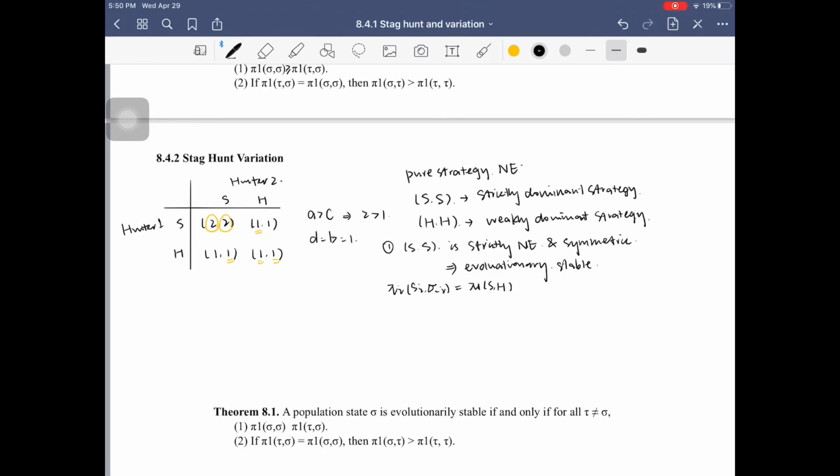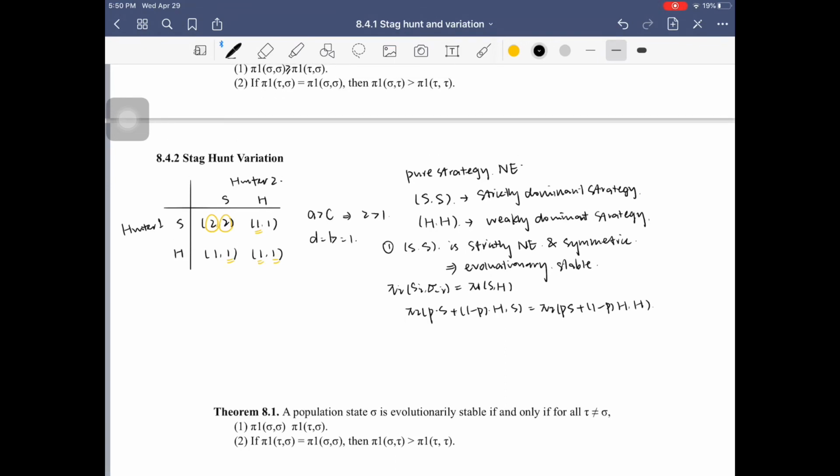So we can say that pi 2 of p times s plus 1 minus p times h, for choosing s, equals pi 2 of p times s plus 1 minus p times h, for choosing h.